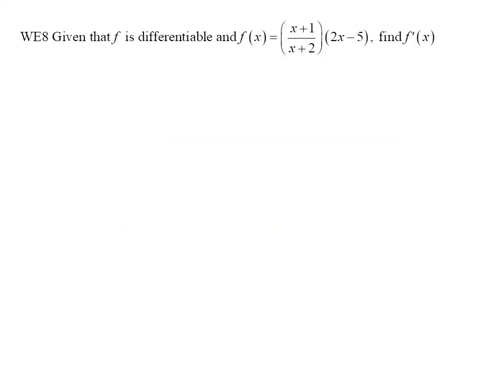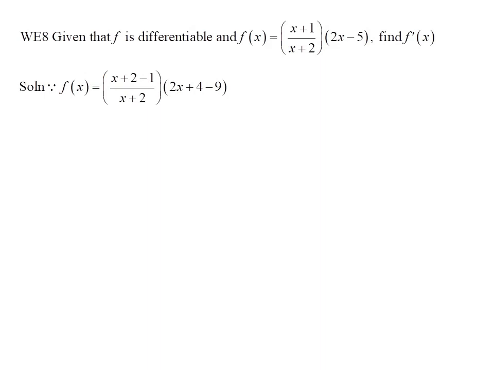Example 8 is to find the derivative function of f of x, given that f of x is differentiable and it equals the fraction of x plus 1 all over the product of x plus 2 and 2x minus 5. Before working on its derivative, we need to transform and simplify the function body first.